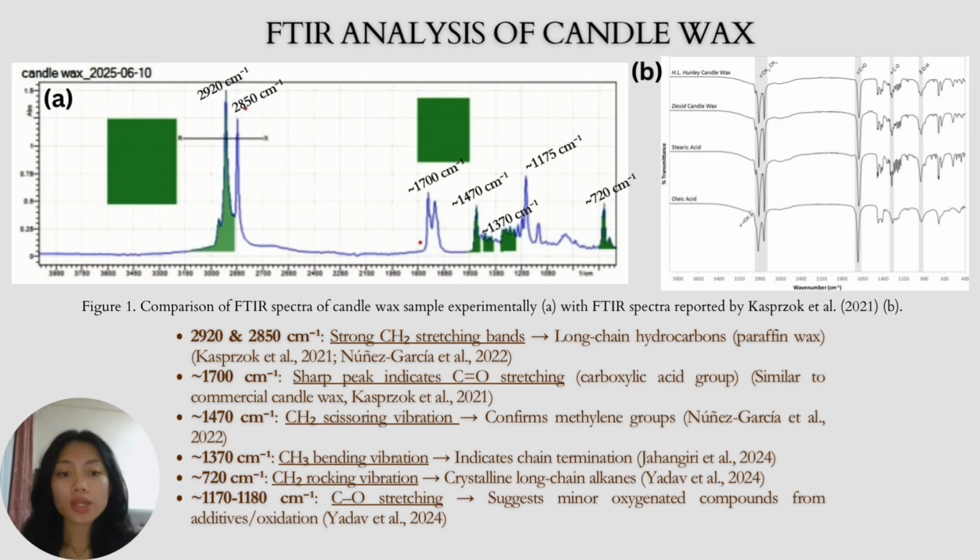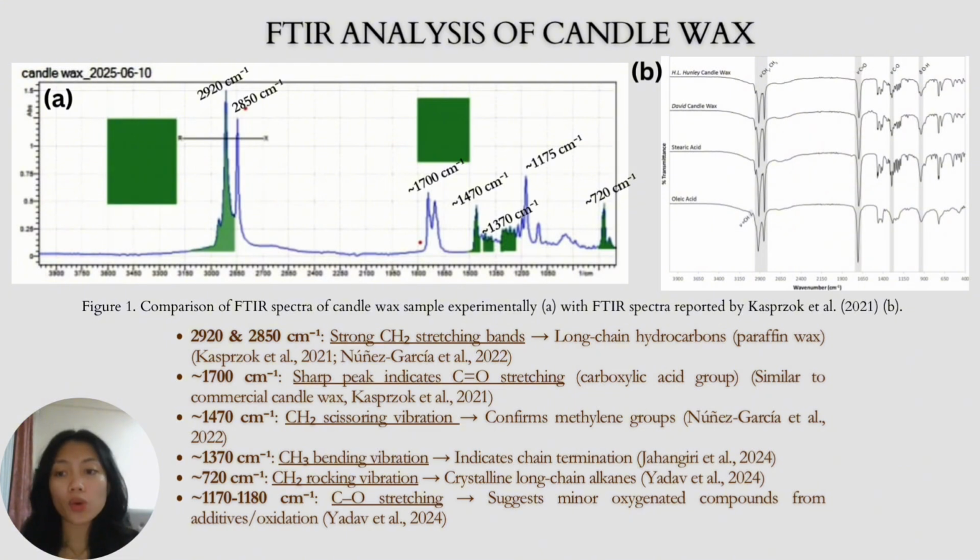And then at 1470 cm⁻¹, we see a medium intensity peak attributed to the CH2 scissoring vibration, which confirms the presence of methylene groups along the hydrocarbon chains.